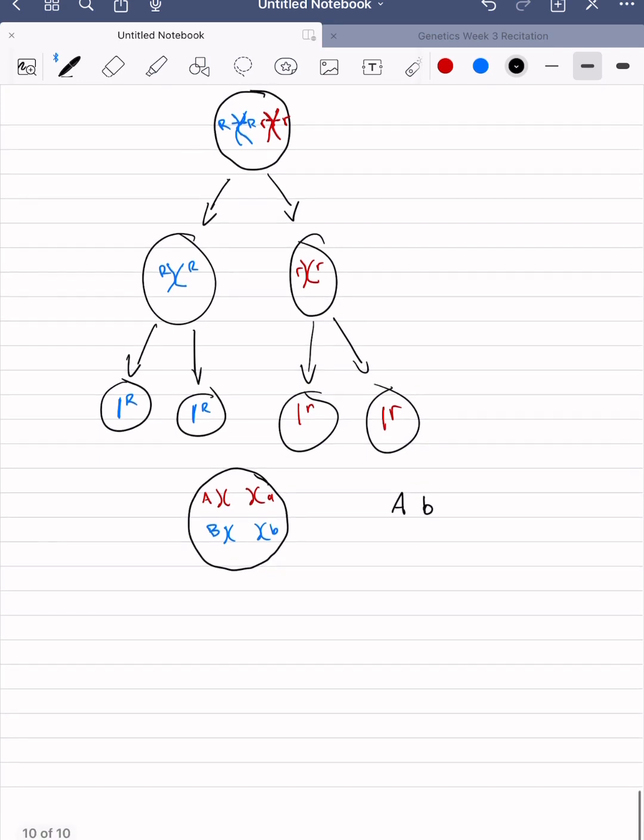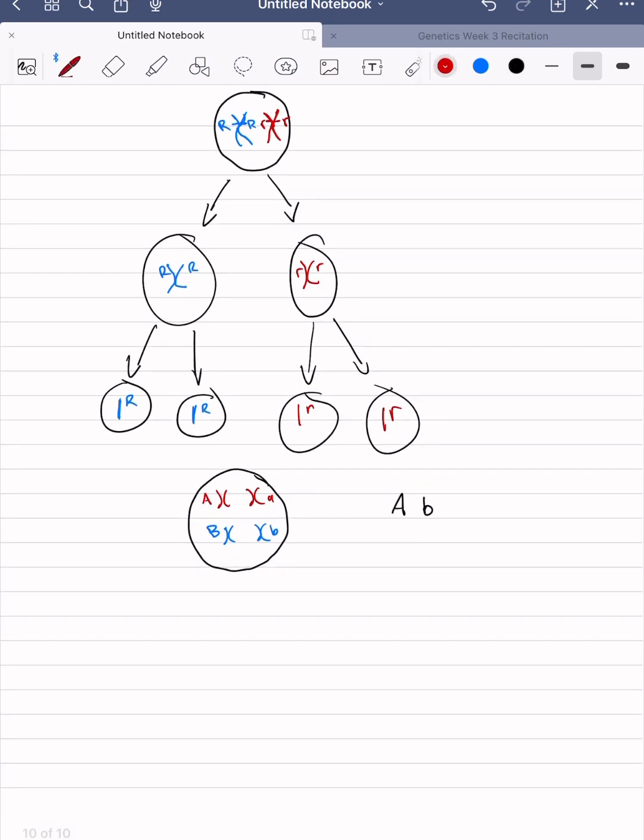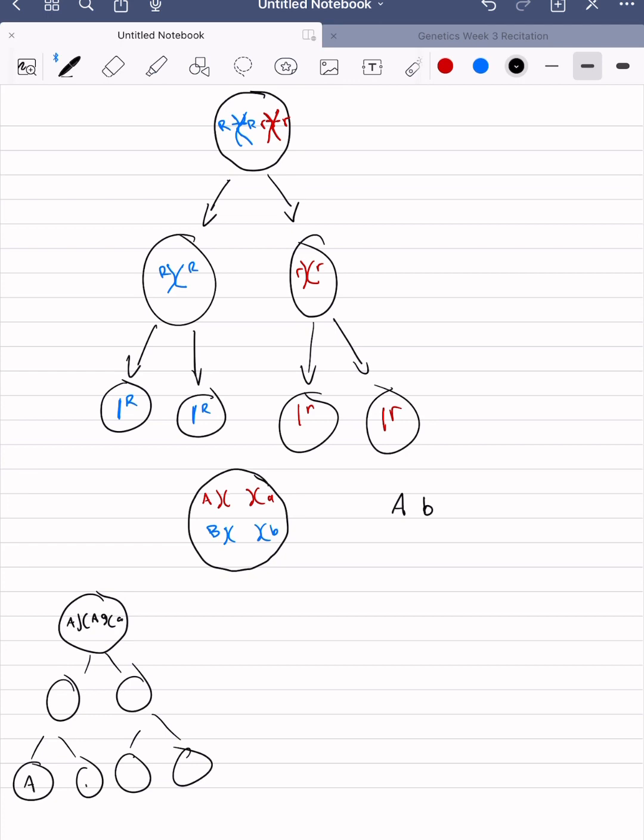Now, an easy way to do it would be to separate it, and here you have big A, big A, little a, little a. You would then go through all the processes, and you would end up with big A, big A, little a, little a. So you would find that half of the gametes produced would be big A or little a.